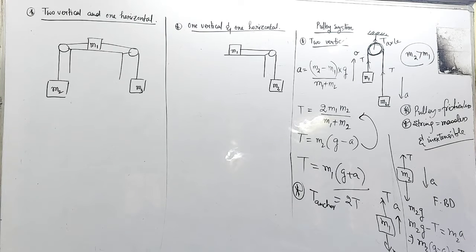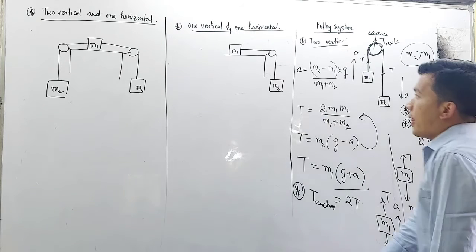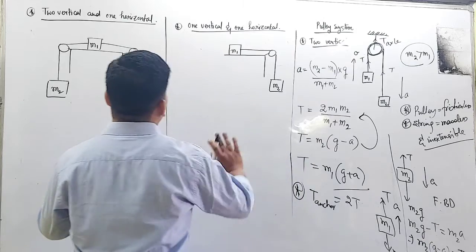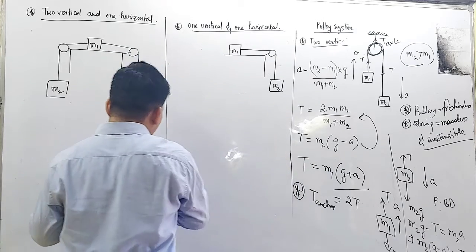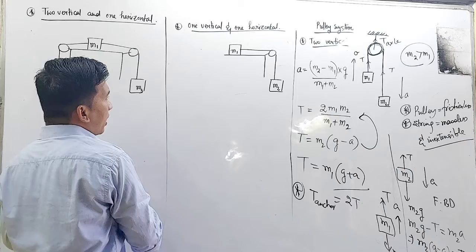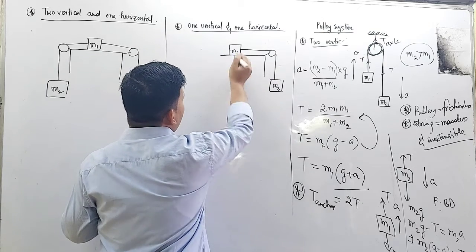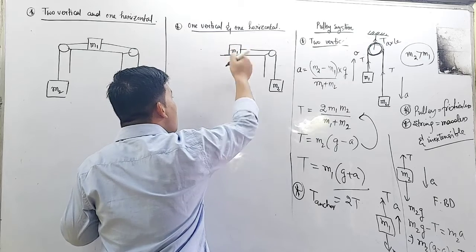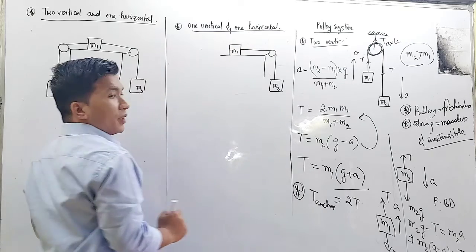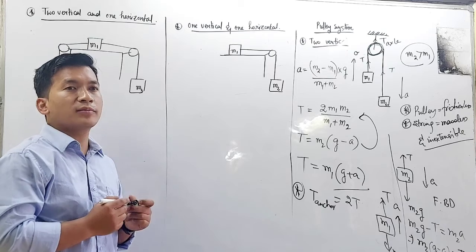We consider every surface to be smooth. Now, very simple. According to Newton's law, we have M1, M2. What are the forces that act on this M1? The actual force will be now.